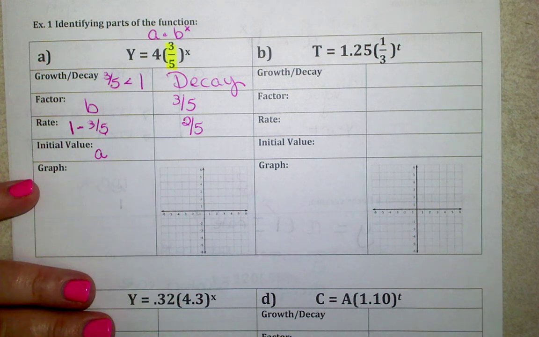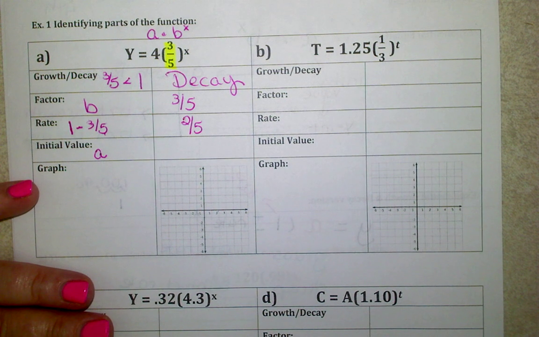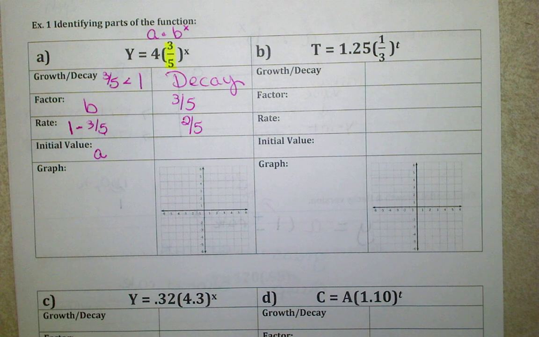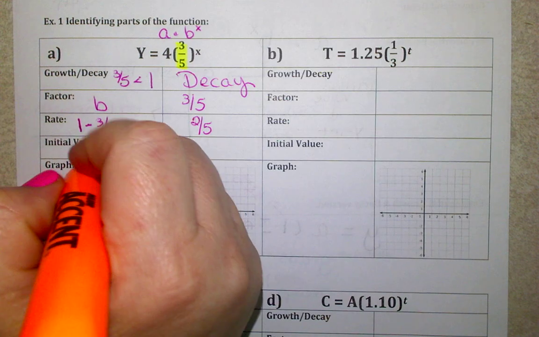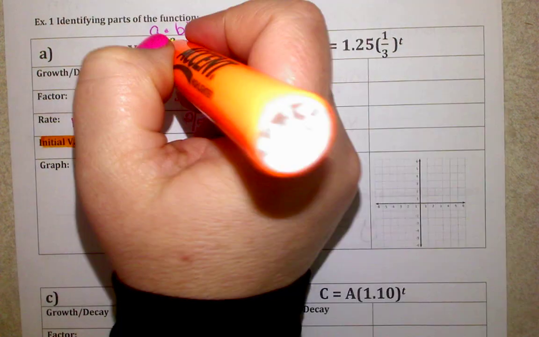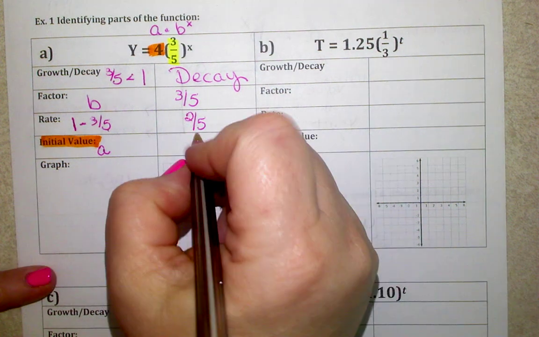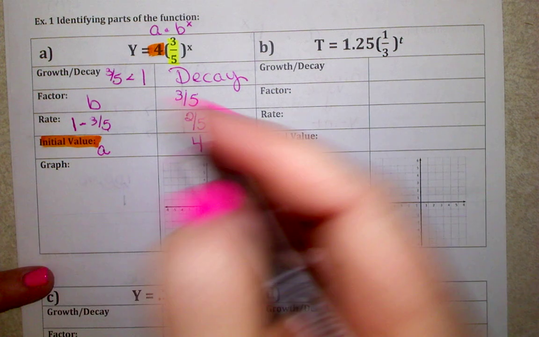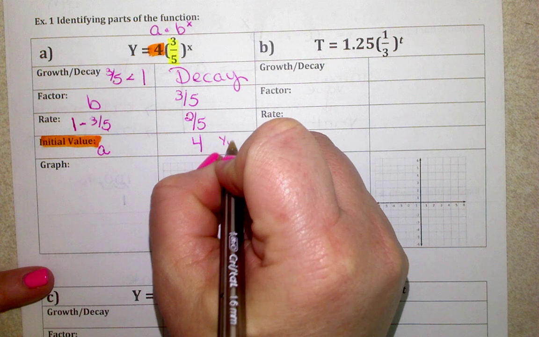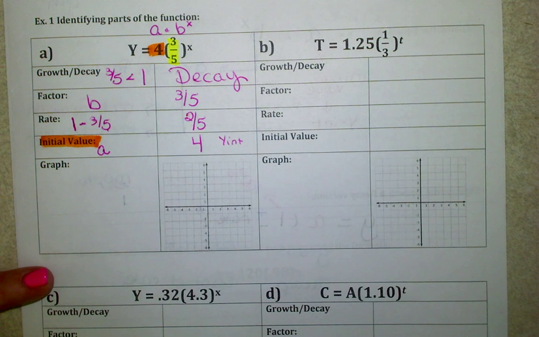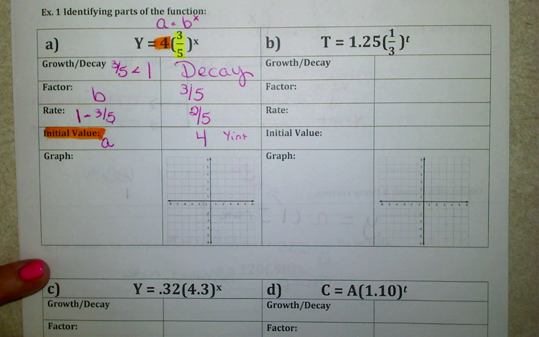All right, the initial value is your a value. So in this problem here, what is the a value? It is 4. Well, we also know that that is also the y-intercept, isn't it? So when I go to graph it, where is it going to cross the y-axis?